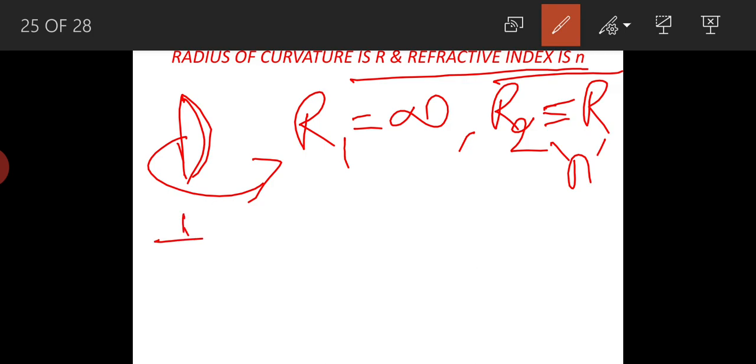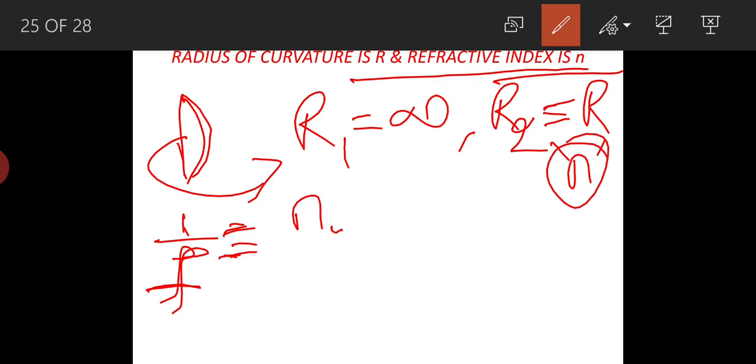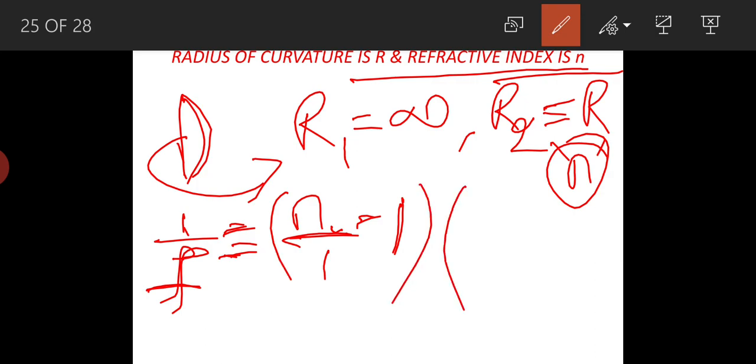Now we need to apply lens maker's formula for convex lens. So it is n2 by n1 minus 1, n2 is refractive index of the lens, given as n, by n1, it is kept in air, that is why n1 is 1, minus 1 into 1 by r1, which is 1 by infinity, plus 1 by r2, which is r.